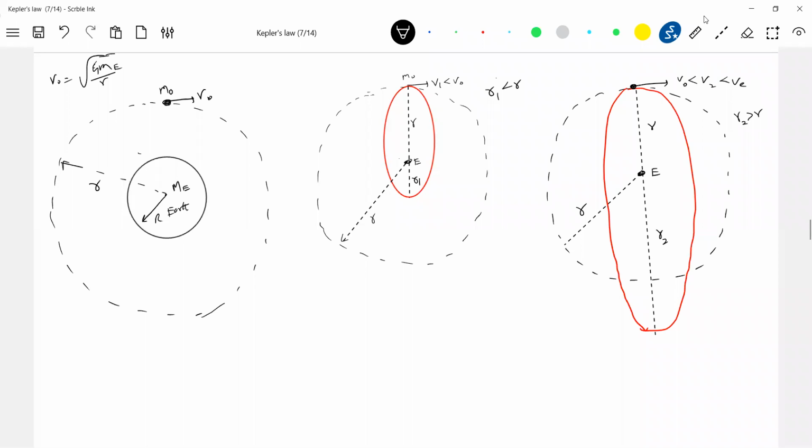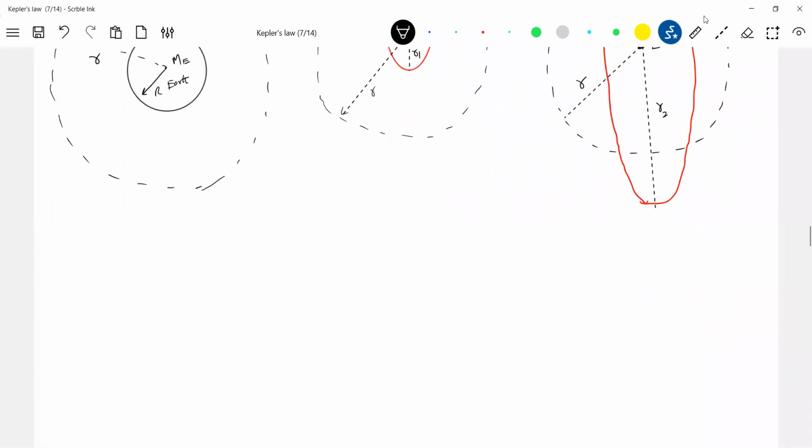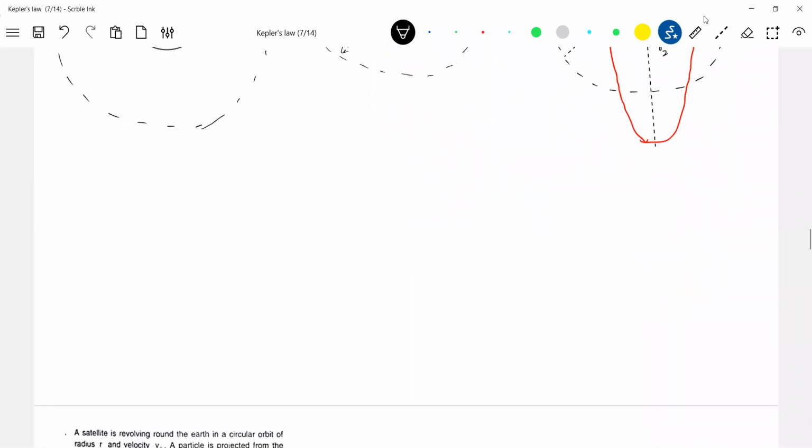If I make it equal to escape velocity, earlier it was revolving in a circular orbit. The planet is here, the satellite is here. I'll make its velocity equal to escape velocity. And then what will be the path?